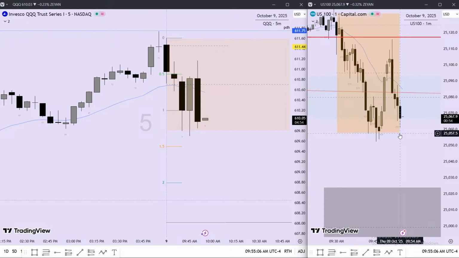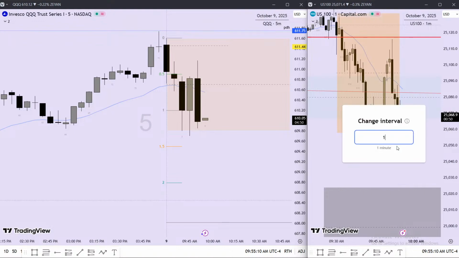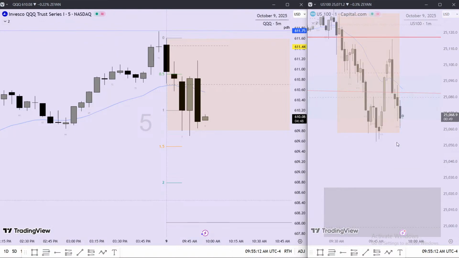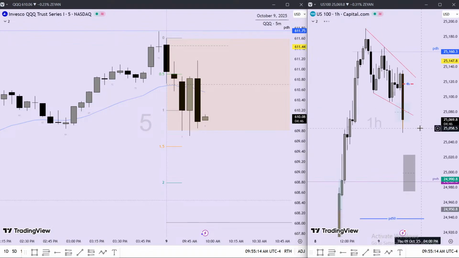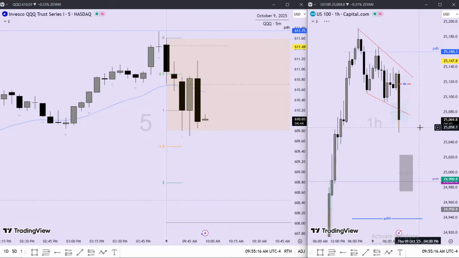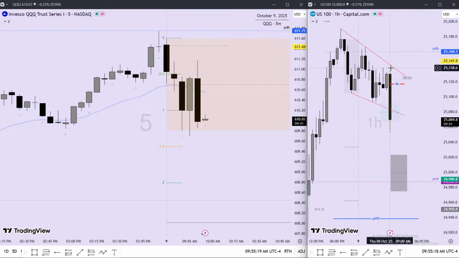This is the last 5 minutes of the hourly candle, and the hour is about to close within the next 10 minutes. Volatility will be induced. So if this bar closes as a strong bearish bar, we'll be able to get some sort of a second leg.